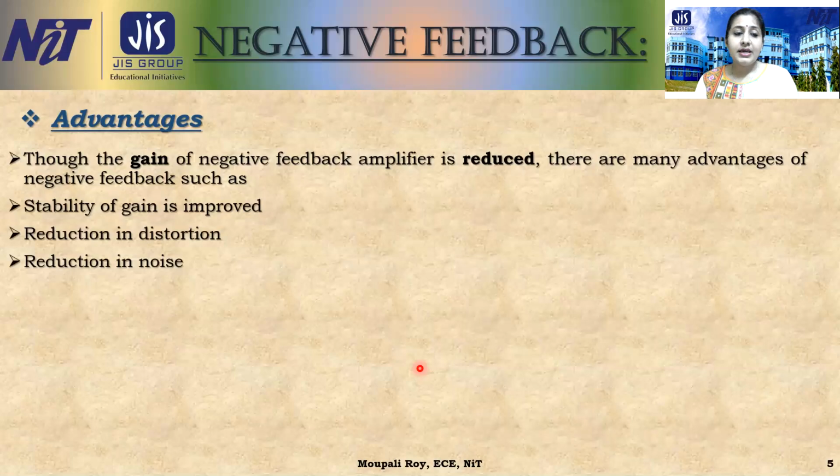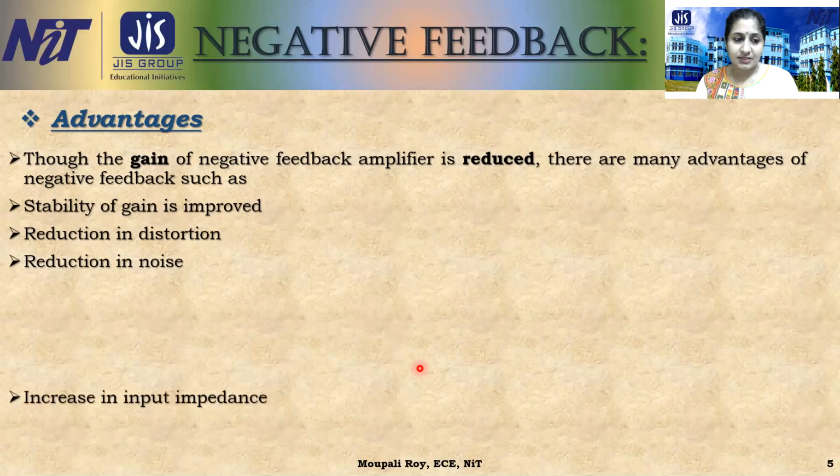Reduction of noise: if we apply negative feedback, then any distortion or noise is also reduced. We will discuss all these advantages one by one: how the stability of gain improves, how distortion is reduced, how noise is reduced.